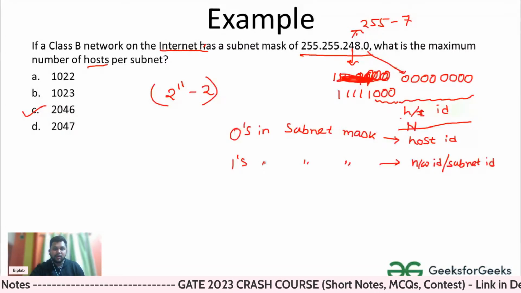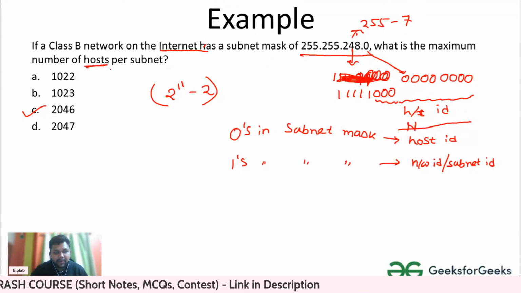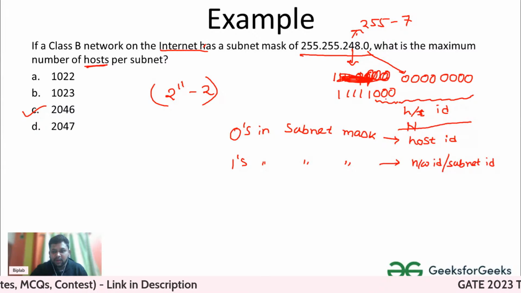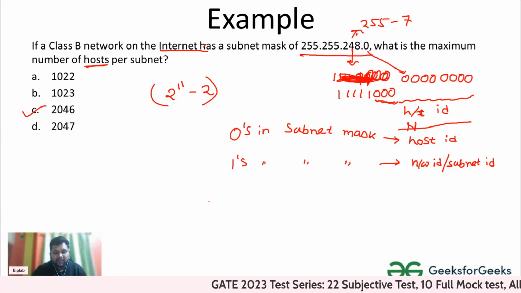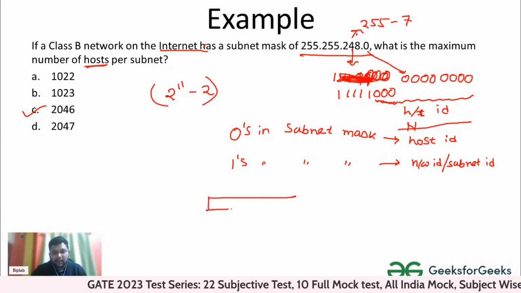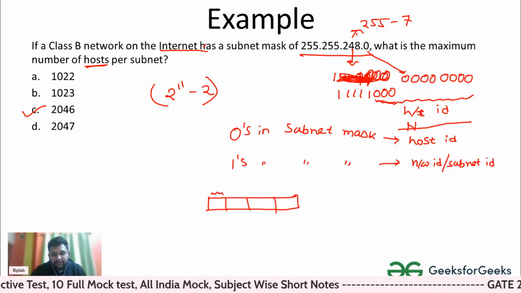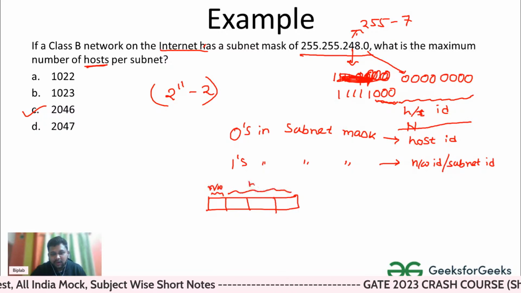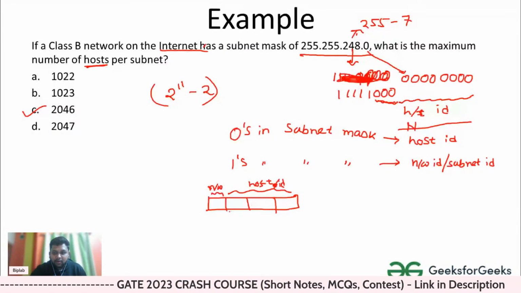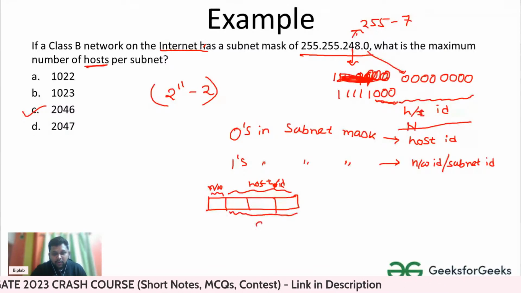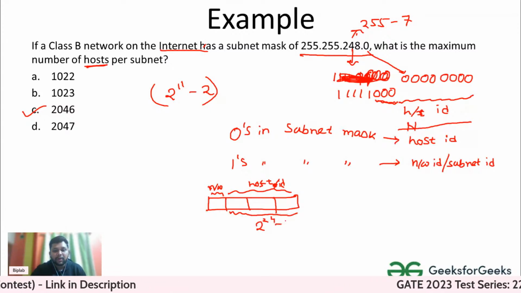Now they are asking about the number of hosts. That means you have to look at how many host bits you have. Go to the basics. In classful IP addressing, in class A, you take the first octet as network ID and the remaining as host ID. You consider 2 to the power 24, because there are 24 host bits, so the number of hosts is 2 to the power 24 minus 2.